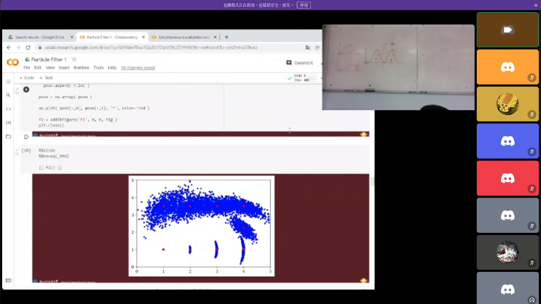Because I ran 1,000 trials, and 900 of the particles ended up in a position that is close to this location here. So in that case, this is the most likely expected location that I'm at. So it's the density of the particles that matter in this case.